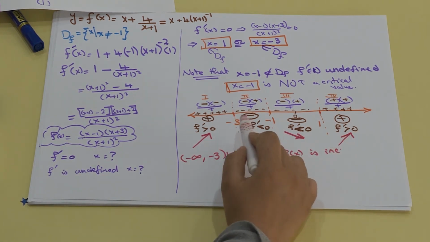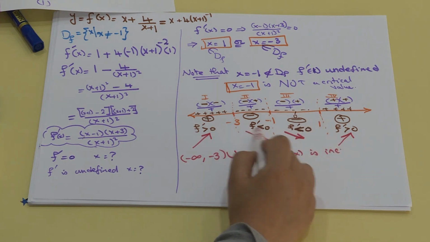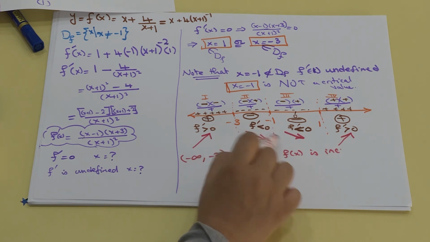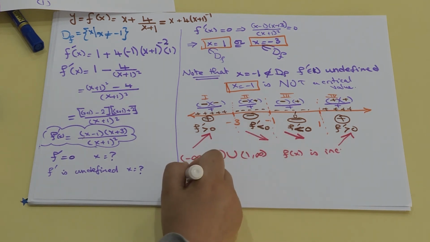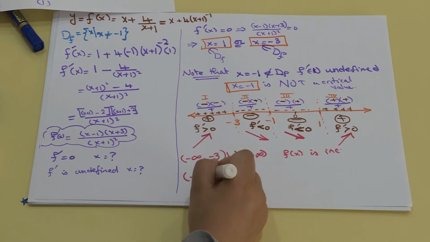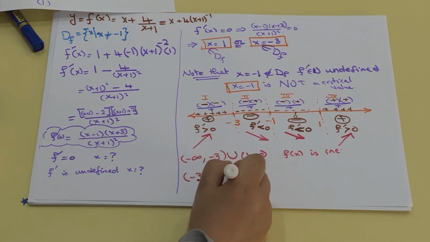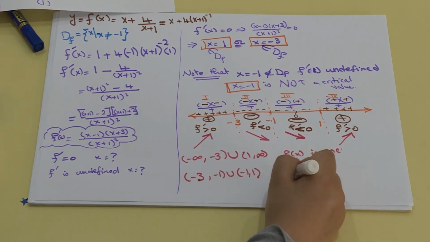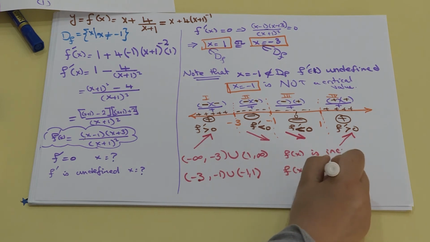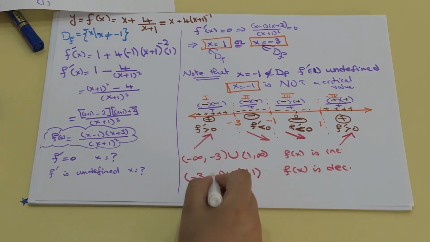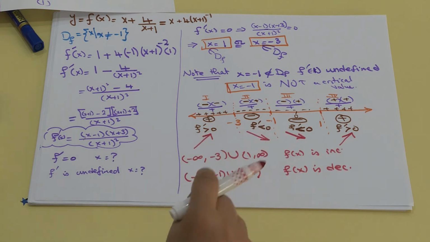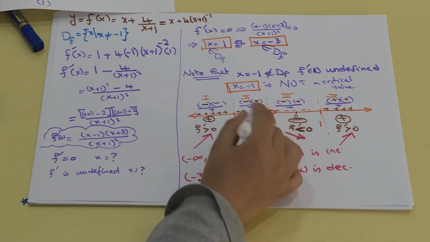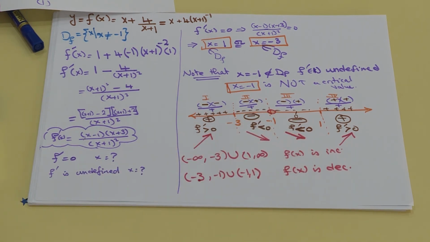Next, between -3 and 1, we always have the first derivative less than 0, the function is decreasing. So we say from -3 up to -1, union -1 to 1, on this interval, f of x is decreasing. Why did I make a union and remove the -1? Because we know that -1 is a value at which the function is undefined.